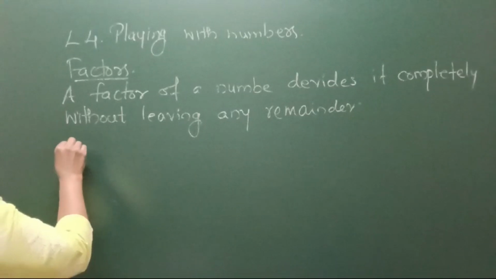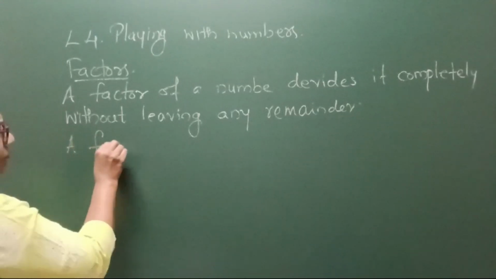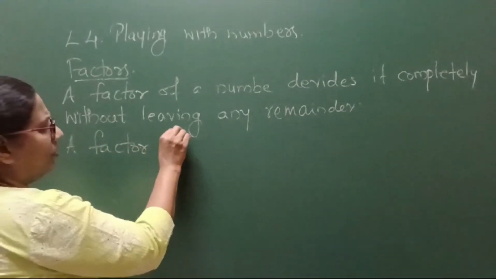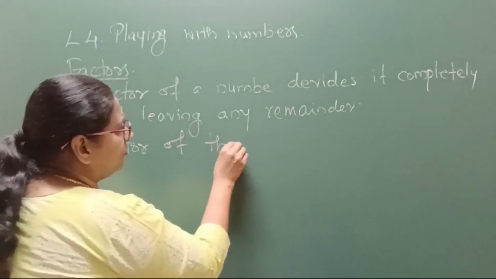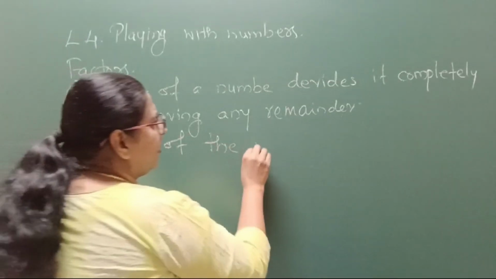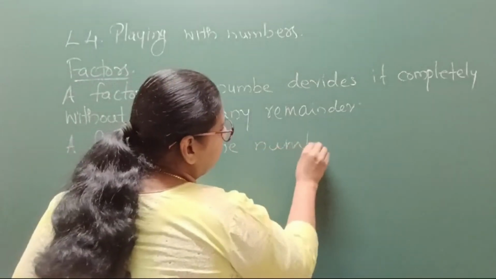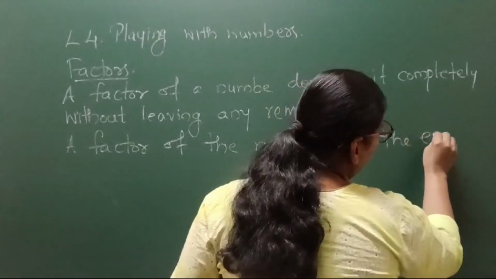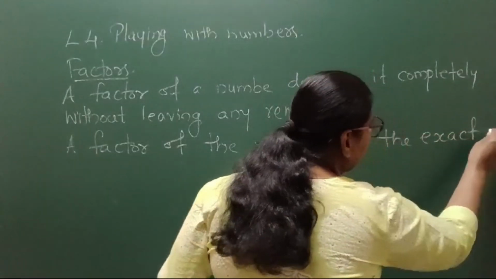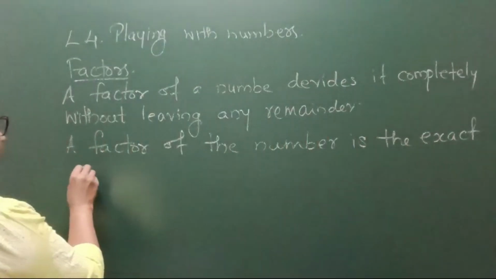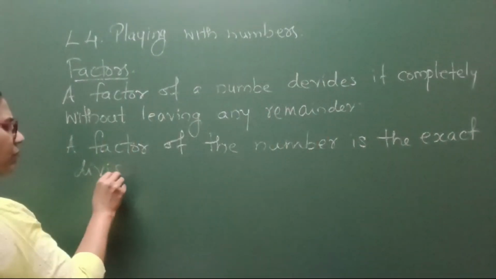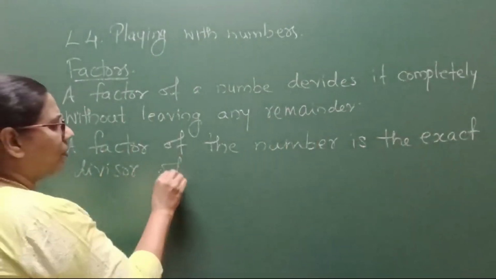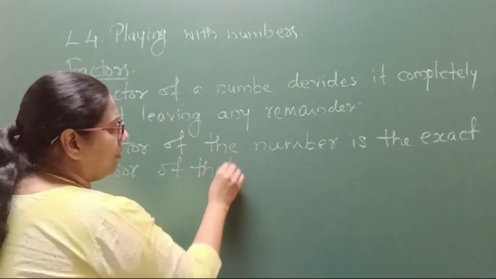What is that? A factor of the number is the exact divisor of that number.